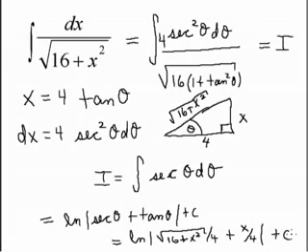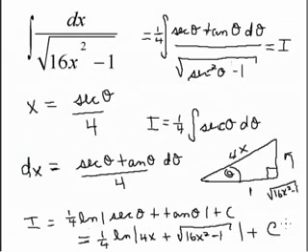So the final answer is the integral equals the natural log of the absolute value of the square root of 16 plus x squared plus x, in absolute value, plus a constant. Those 4's in the denominator can just be factored out and absorbed by the constant of integration.